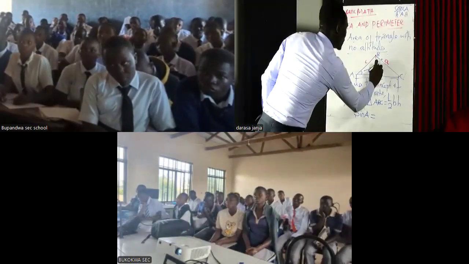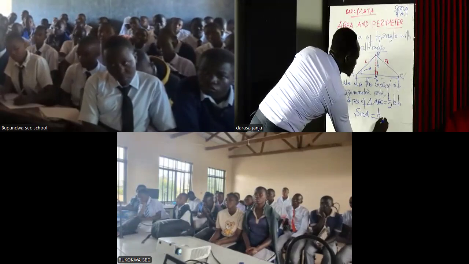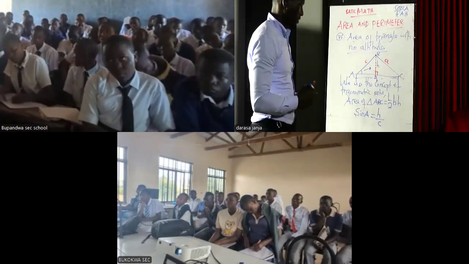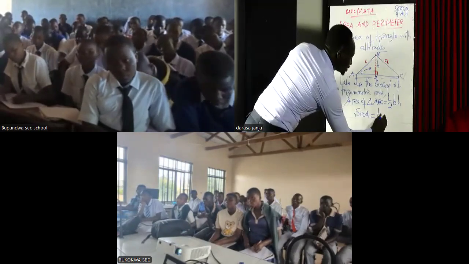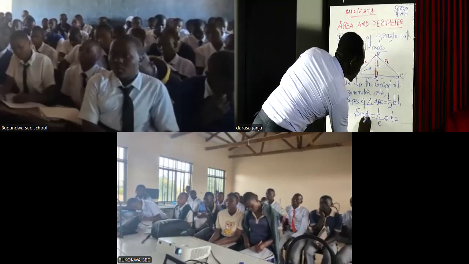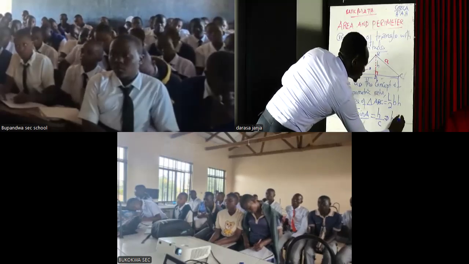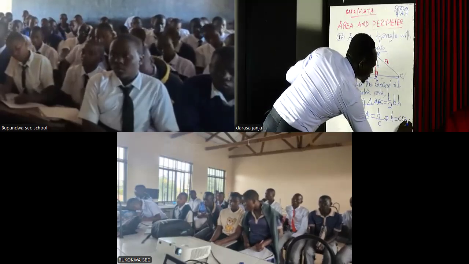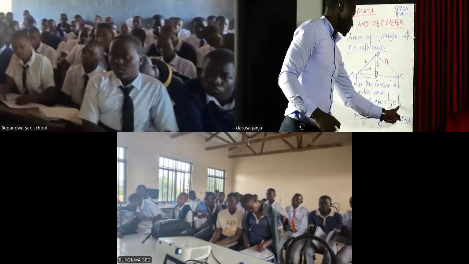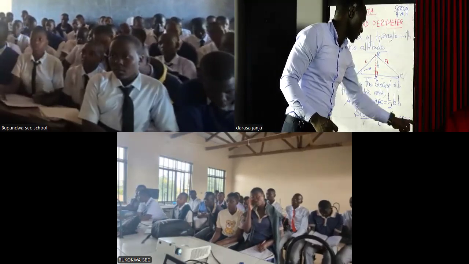So here, our opposite is H. Our hypotenuse, it is C. So to make this H the subject, it will become H equal to, put this one over 1 cross multiplication, C sine A. So instead, here, this H, we are substituting C sine A.